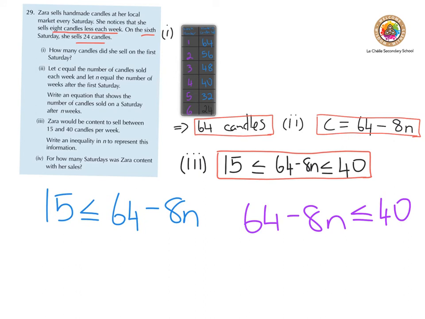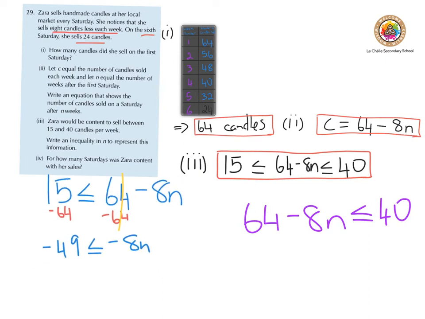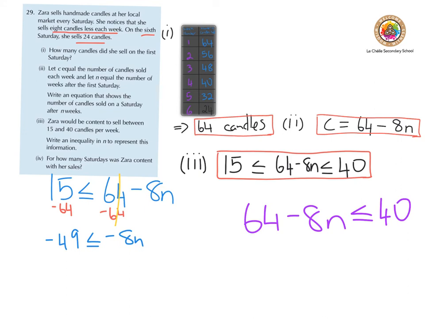So solving this first one, I know I want to get rid of the 64 on this side, so I'm also going to get rid of it on that side. They cancel, and 15 take away 64 is minus 49, which is less than or equal to minus 8n. And again here, I have to divide across by minus 8 and divide here by minus 8.